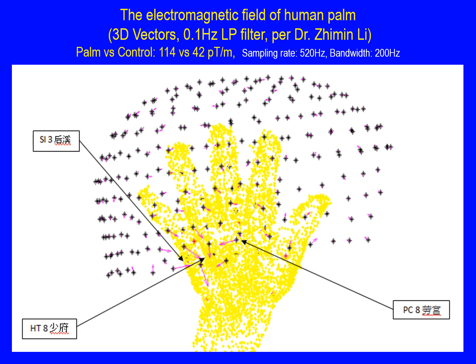Here is preliminary data on the electromagnetic field around the acupuncture points of a human hand. As you can see, around certain acupuncture points, like pericardium 8, small intestine 3, and heart 8 on a human hand, there is a stronger electromagnetic field.